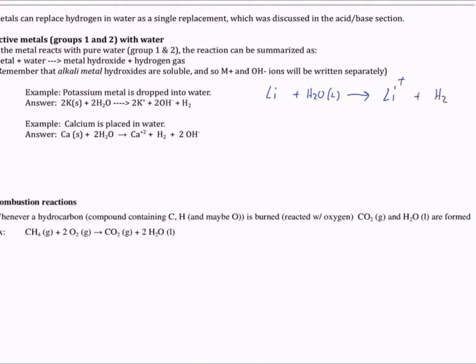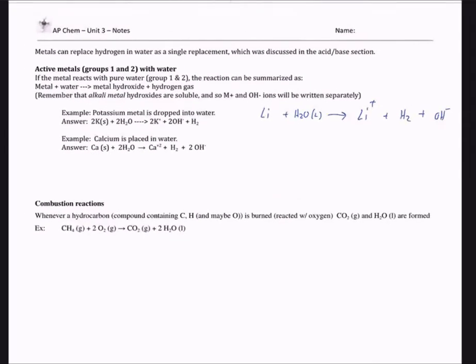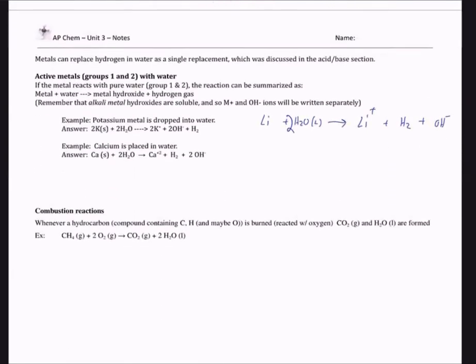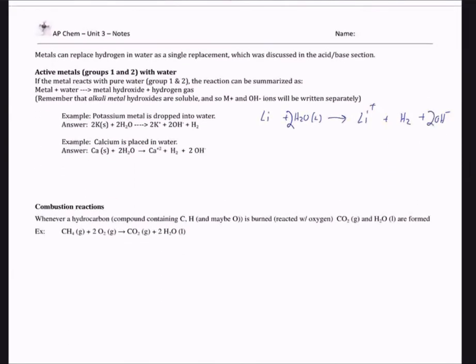H2. Hydroxide. Now you have to balance these. I don't have my hydrogens balanced, so let's throw 2 in here, which means I'm going to need 2 in front of here. Is that balanced?